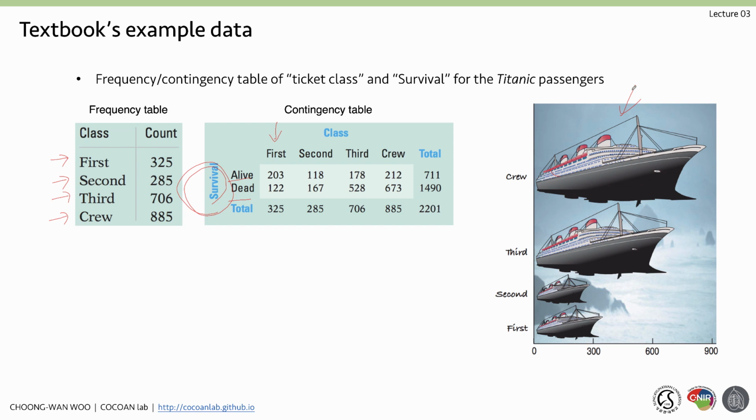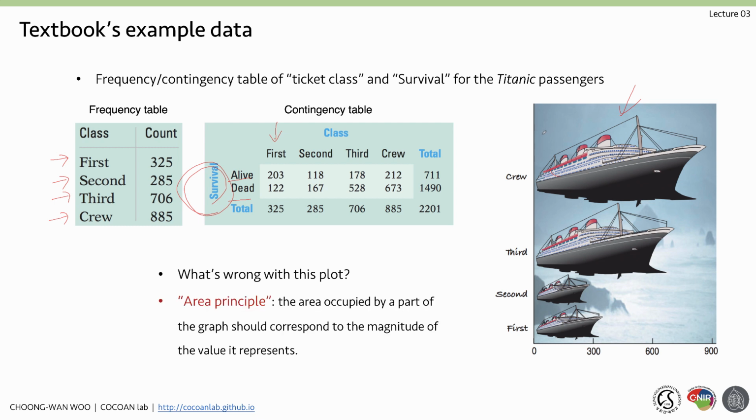So let's say you wanted to plot this, and you wanted to use this shape to express your data. But what's wrong with this plot? There is an area principle. The area occupied by a part of the graph should correspond to the magnitude of the value it represents.